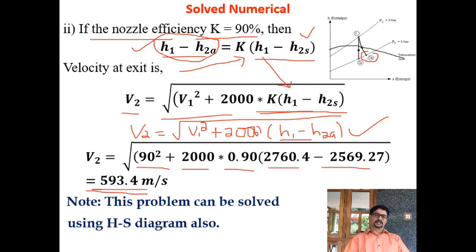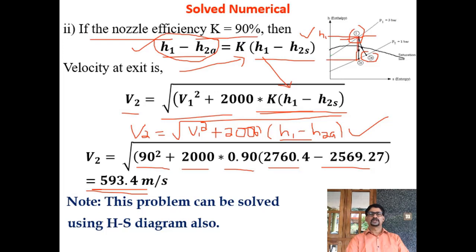Now, as I told earlier, this problem can be solved using Mollier chart also, which is much easier. So let me explain that once again. Look at point 1, that is 3 bar, and the corresponding temperature 150 degrees Celsius. So 150 degrees Celsius line will be somewhere here. So H1 you will get, then come down isentropically from 1 to 2s to meet the 1 bar line.